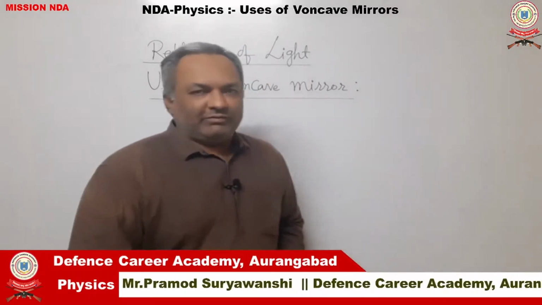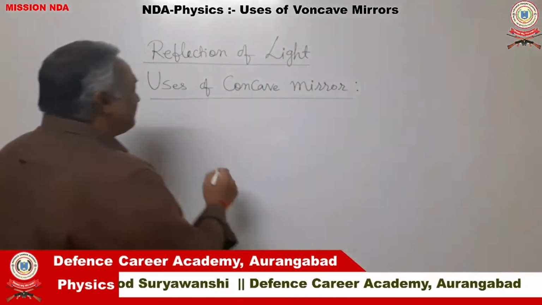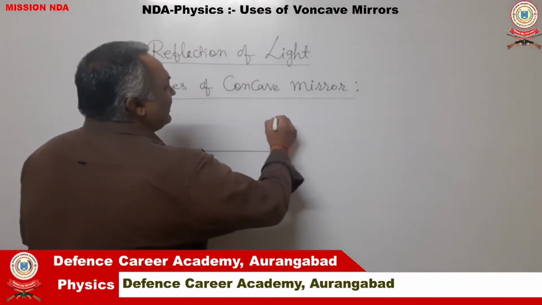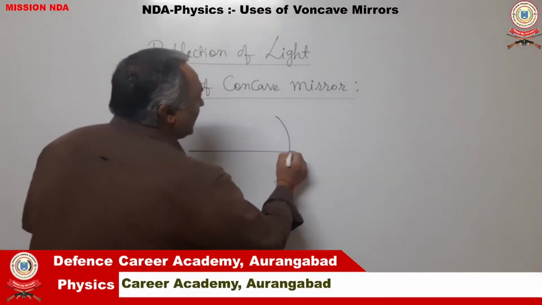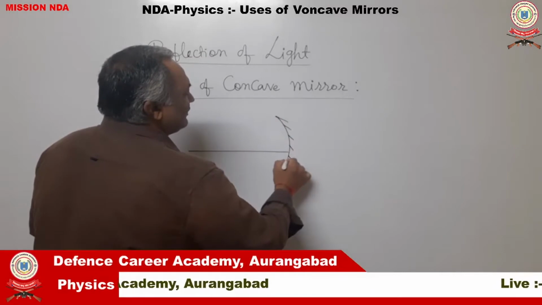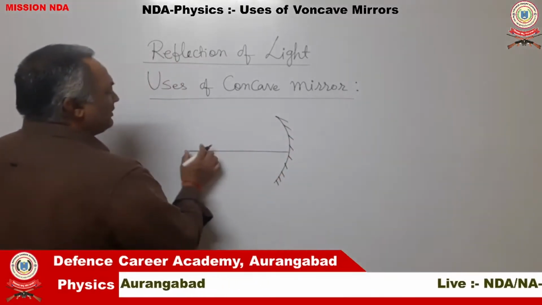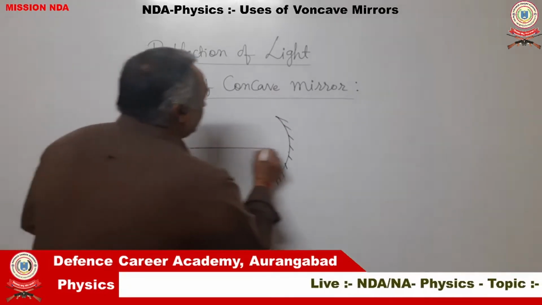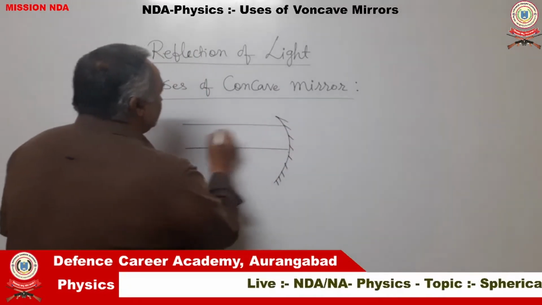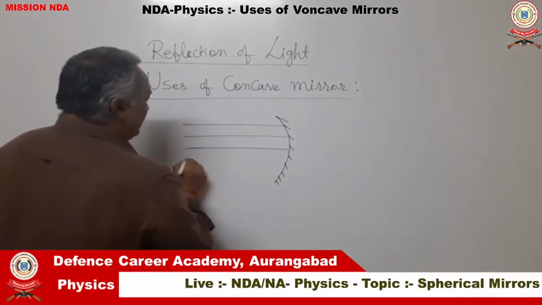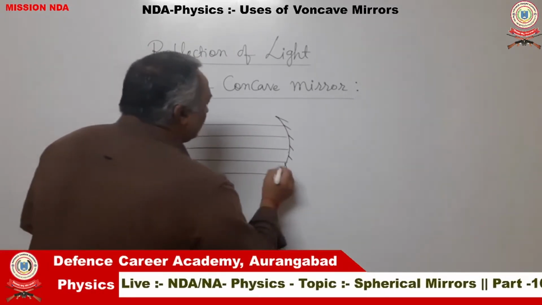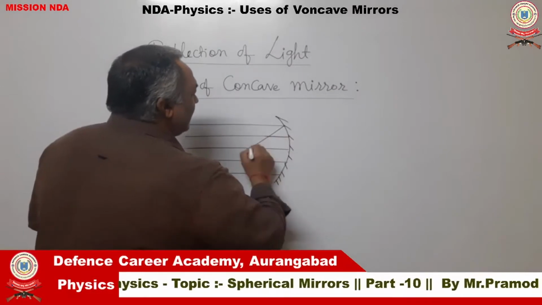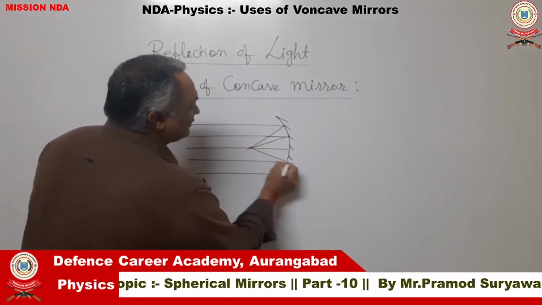Okay, the very first application is based on the simple image formation that we have seen in the beginning. When parallel rays, that is the rays of light parallel to the principal axis, are incident on a concave mirror, then after reflection they all converge at the focus or at the principal focus.